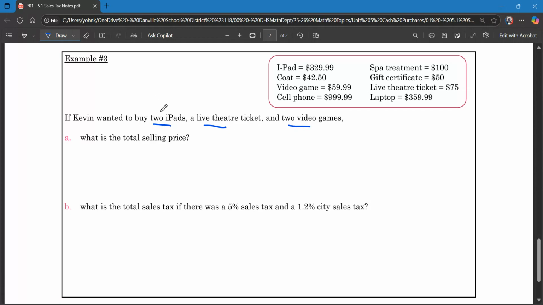If he buys 2 iPads and each iPad is $329.99, so 2 times $329.99. Then we're going to add 1 live theater ticket, which is $75. And then we're going to add 2 video games, and each video game is $59.99.